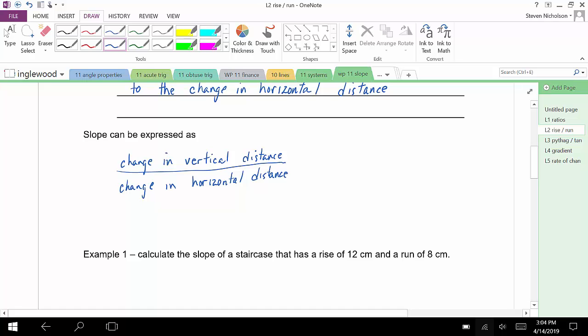The change in the vertical distance and the change in the horizontal distance has another name, and it's rise over run. So rise, think of an elevator, and run, think of a dog run. The symbol for slope is lowercase m. So slope is equal to change in the vertical distance over the change in the horizontal distance. An easier way to say that is rise over run, and the letter used for slope is lowercase m.